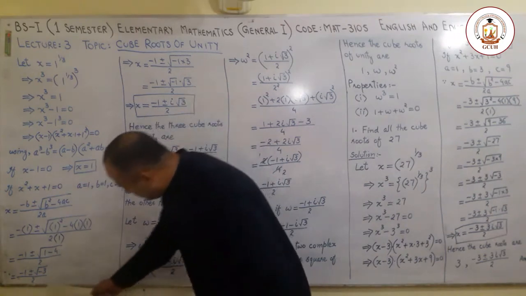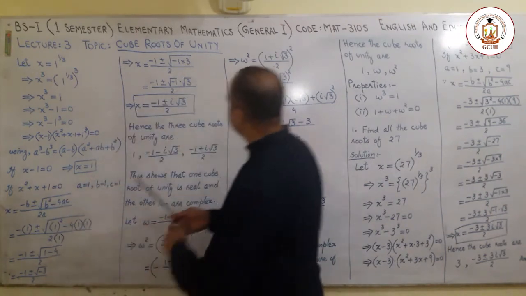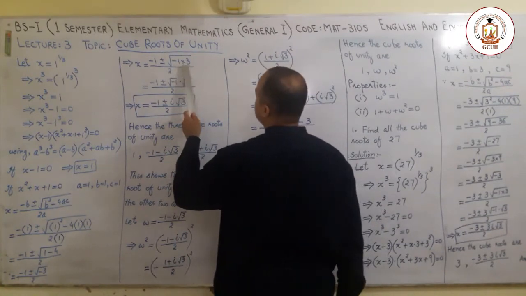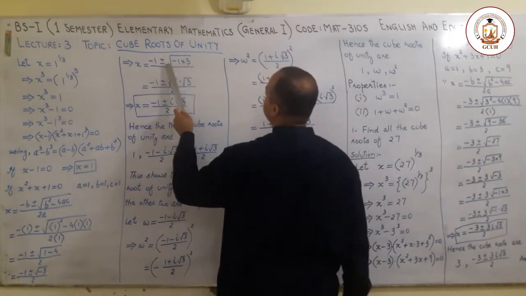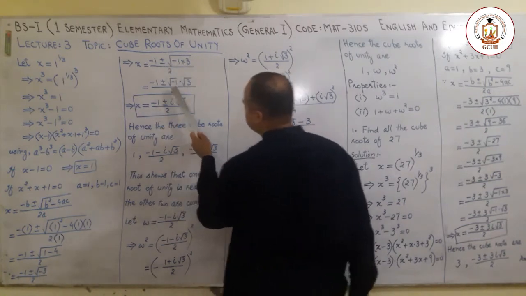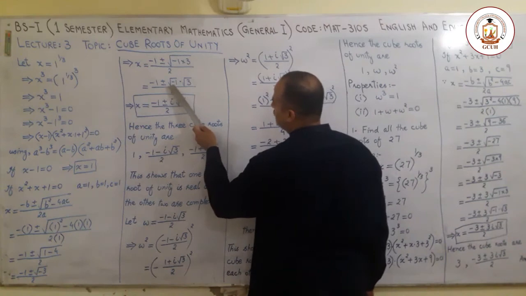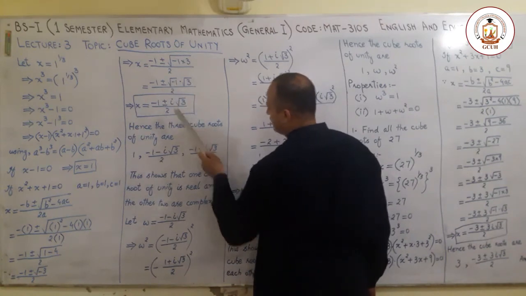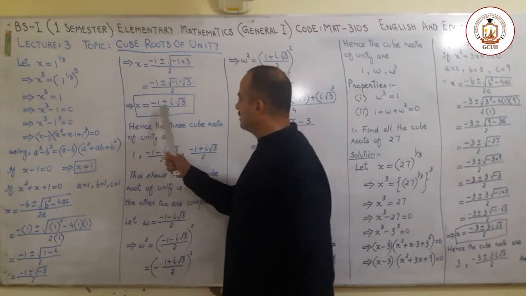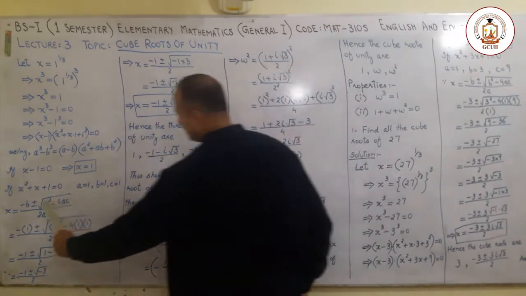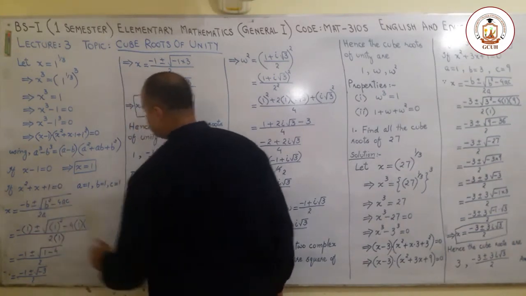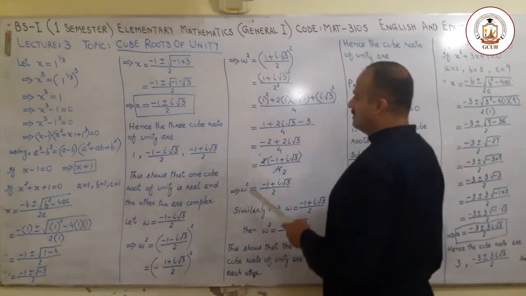Now this minus 3 can be written as the product of minus 1 into 3. So let us distribute the square root to minus 1 and 3 in the next step. And as we know, square root of minus 1 is equal to iota. So in the last step, the other two roots are found using the quadratic formula from the second factor, which was a quadratic equation.